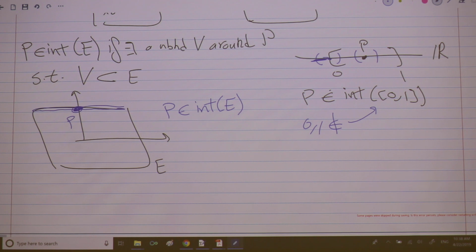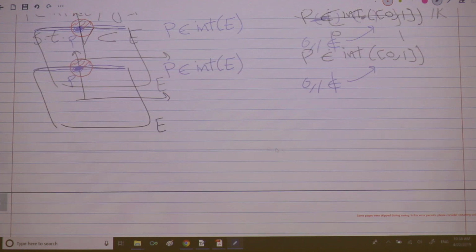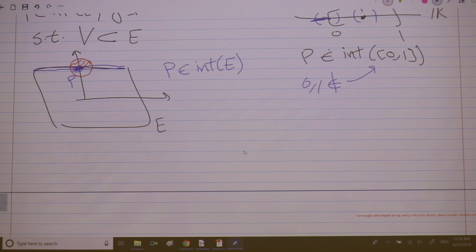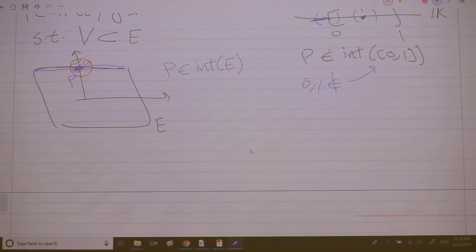Because it's on the boundary, right? Mathematically, that means if you have any neighborhood around P, now we're in R2, the neighborhood is a two-dimensional thing, I have all these points outside. Very good. Any other question about that? Clear enough? Do you need one more example? Anybody needs one more example?